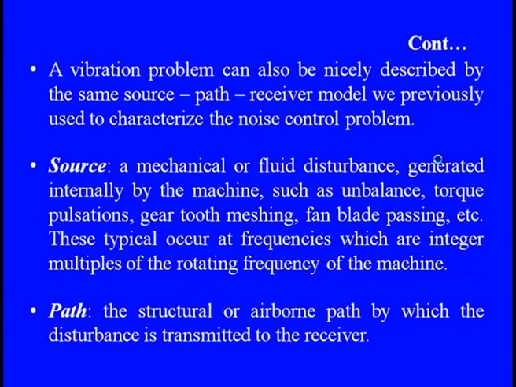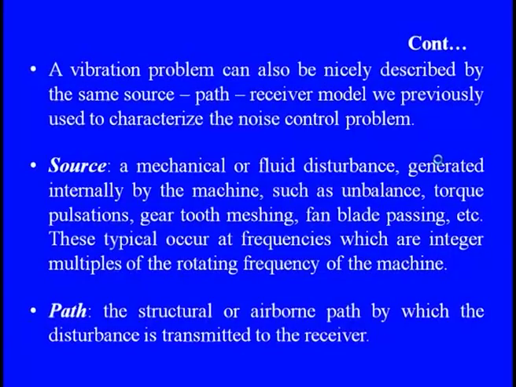If we are talking about the source, this is the mechanical or fluid disturbance, as we discussed in the previous lectures. Any mechanical motion, rotating motion or fluid disturbance can be generated internally by the machine, such as unbalanced torque, pulsation, gear tooth meshing, fan blade passing, air passing through the tubes, turbulence in the fluid, or vortex formation.